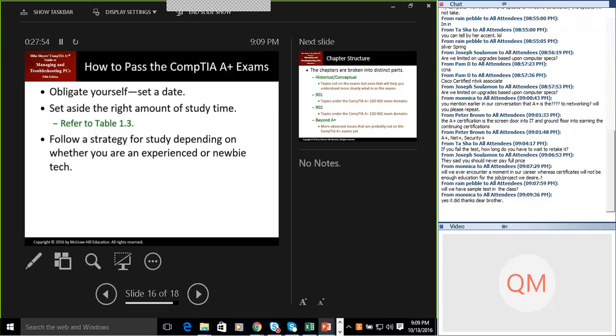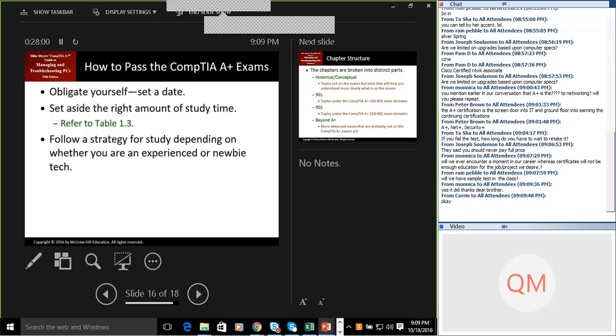I also see another question here that I really want to tackle. It says, will we ever encounter a moment in our career where our certificates will not be enough education for the job or project we desire?